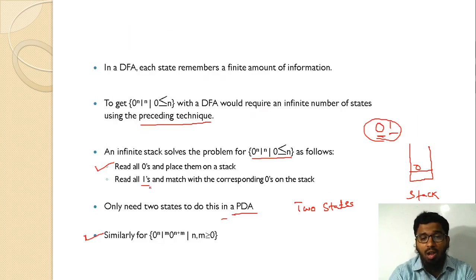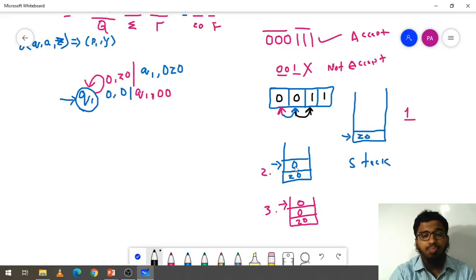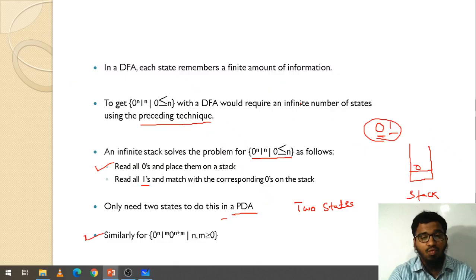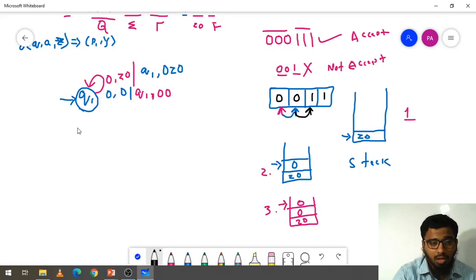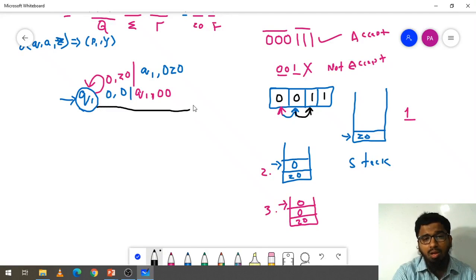Whenever we have 1, match with the corresponding 0 on the stack. So whenever we have a 1, we need to match in the stack and we move to the next state.